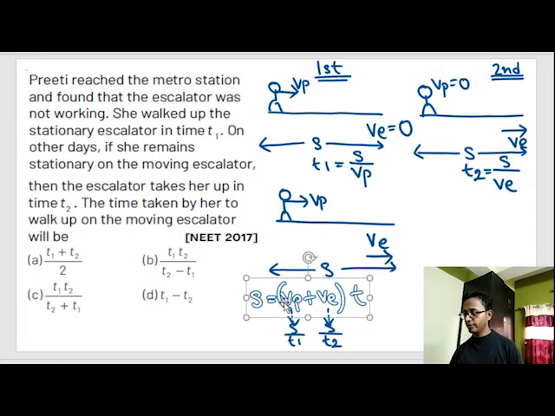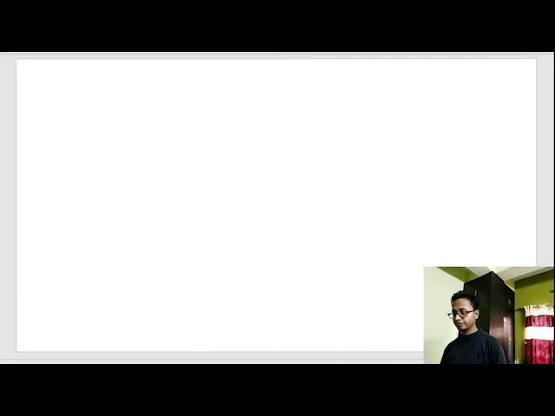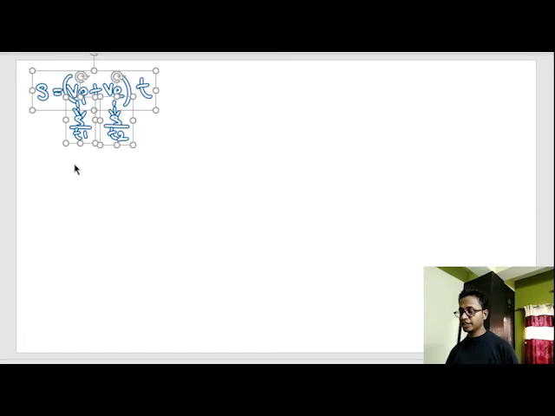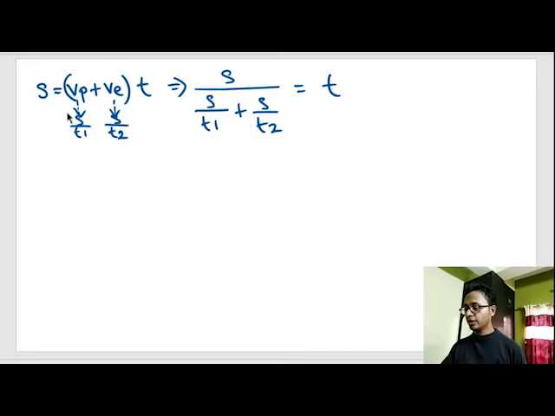If we copy these two and paste them on the next page, we take this entire term Vp plus Ve to the left hand side, so s by t1 plus s by t2 is equal to t, or time taken on the day when both were moving, when Preeti was moving with velocity Vp and the escalator was moving with velocity Ve.